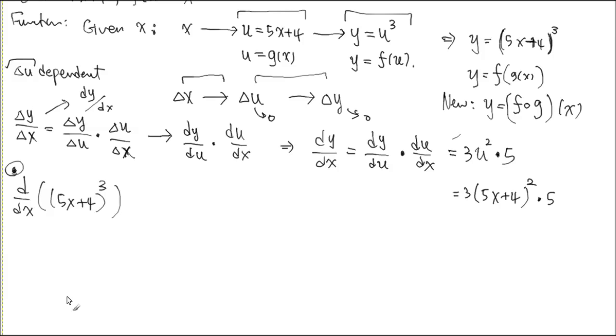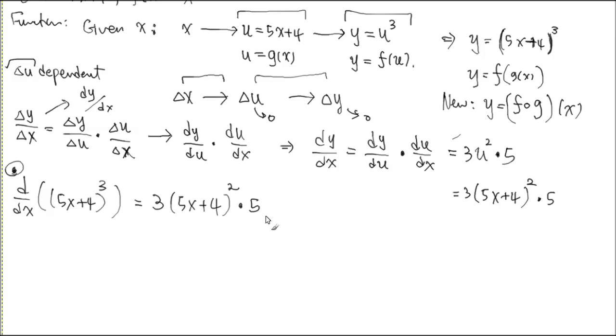First, you do 5x plus 4, and then we can differentiate it. What was the answer? 3 comes down, and 5x plus 4, and decrease the exponent. It looks a lot like the usual derivative rule of x to the n, but you've got to multiply by something, right? The answer has 5, and I want you to think about where that 5 came from. Derivative of what? 5x plus 4.